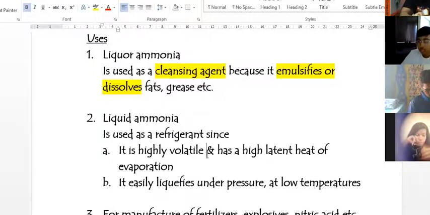Latent heat of evaporation is the amount of heat required to evaporate it. And it easily liquefies under pressure. We studied this in the separation of ammonia in Haber's process. It liquefies under pressure very easily at low temperature. So these are the reasons why liquid ammonia is used as a refrigerant.